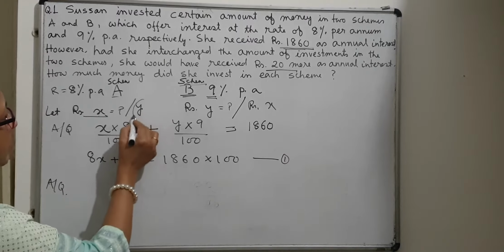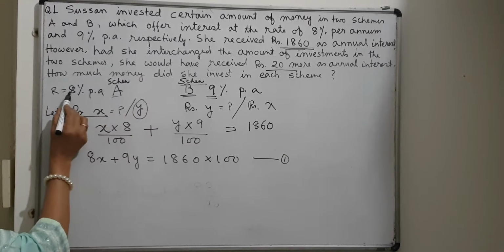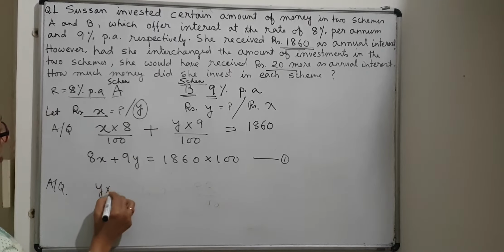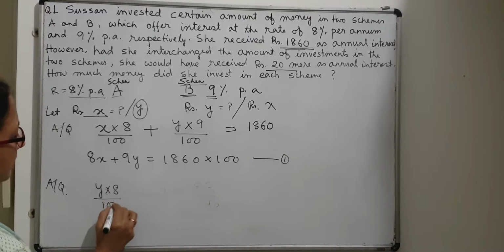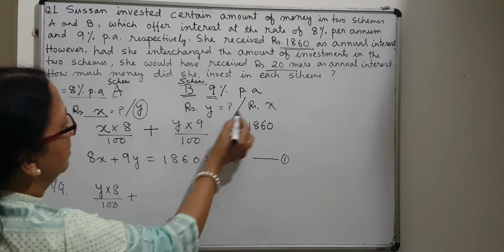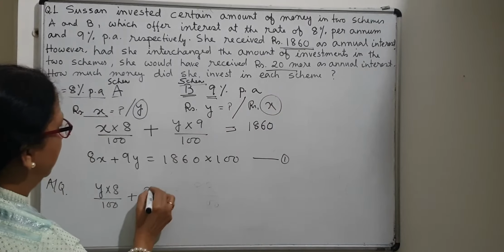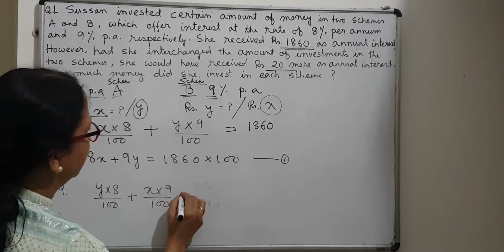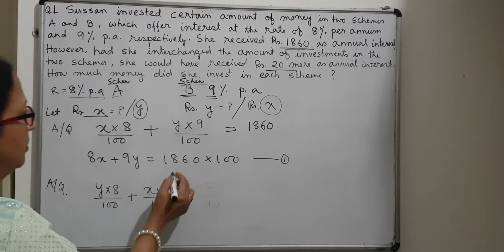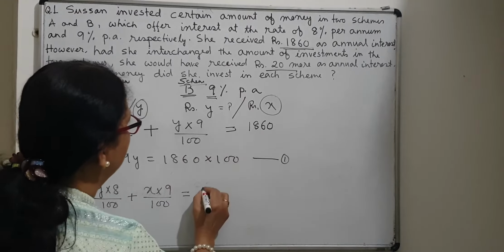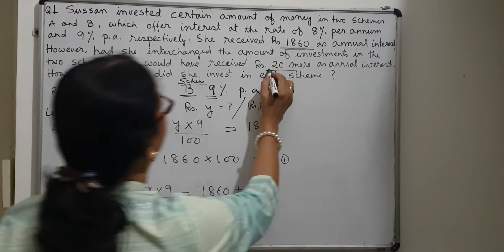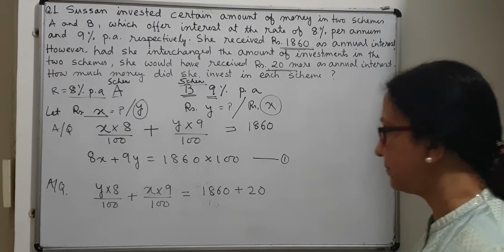When rupees Y is now the investment at 8% per annum, the annual interest will be P is Y and R is 8 by 100, plus from the other scheme principal is now rupees X and the interest is 9 by 100. And how much will she get? It will be 1860 plus 20. She will get 20 more.